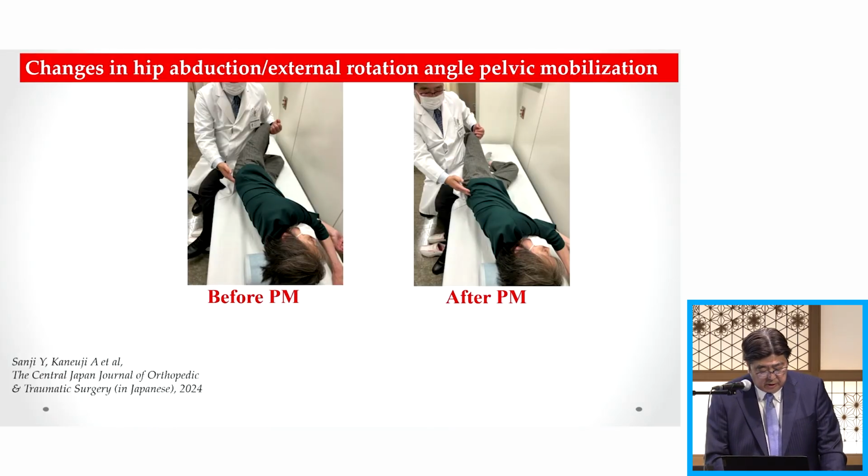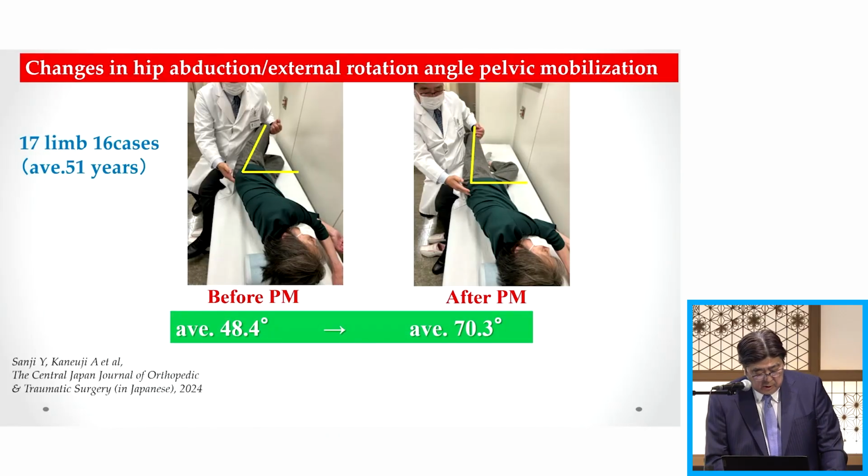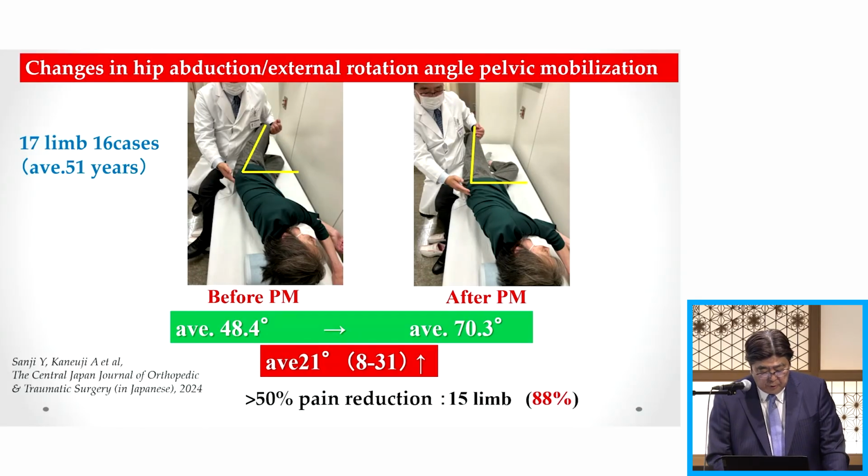We also investigated change in hip abduction external rotation angle, pre and post pelvic mobilization. In 17 limbs, average hip abduction with external rotation angle improved by an average of 21 degrees. And also 88% reported more than 50% pain relief.